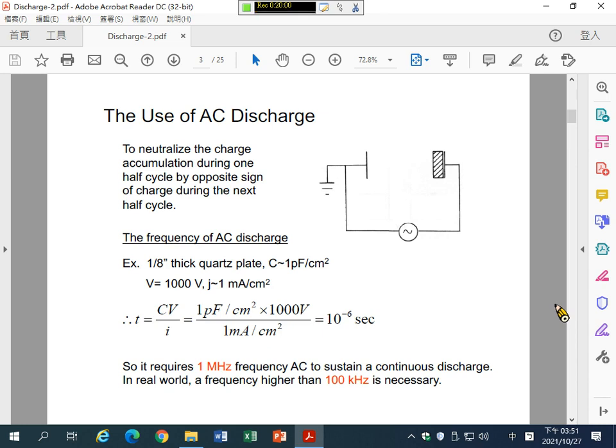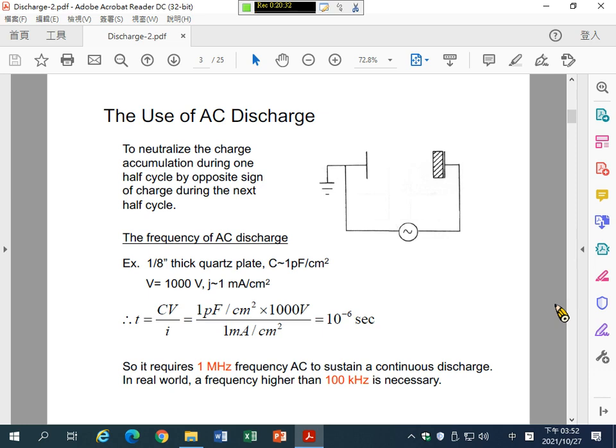To charge up to a voltage of 1000 volts takes 10 to the minus 6 second, 1 microsecond. So it takes 1 microsecond to charge up the surface of the quartz plate to minus 1000 volts, if we flow a current with a current density of 1 milliamp per centimeter square.